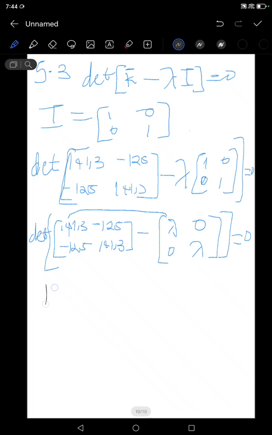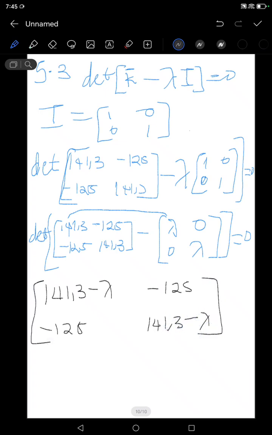So we're gonna have 141.3 minus lambda, and then minus 125 minus 0, so we're gonna have a minus 125 here, minus 125 minus 0, so we're gonna have a minus 125, and 141.3 minus lambda, or equals to 0. Remember, it's a determinant.